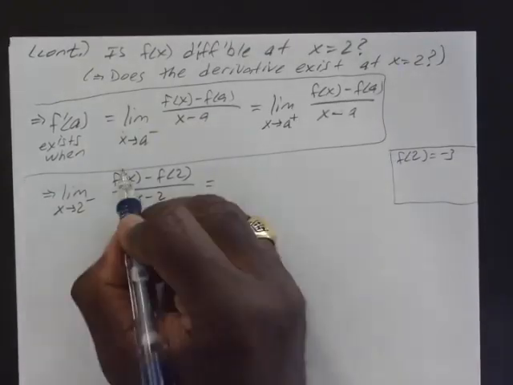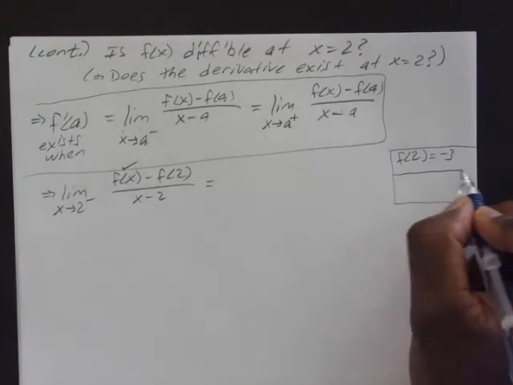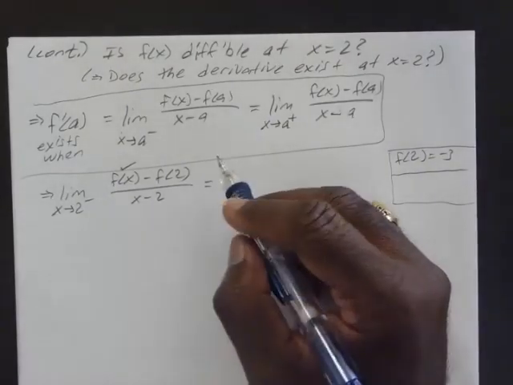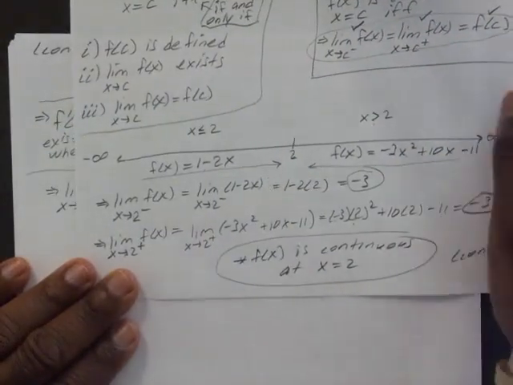So our f of x, oops, got to get that off the previous page. There we go. So your f of x from the left is 1 minus 2x, since you're approaching 2 from the left.